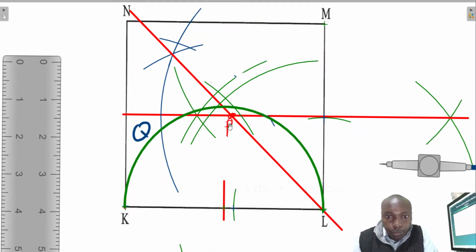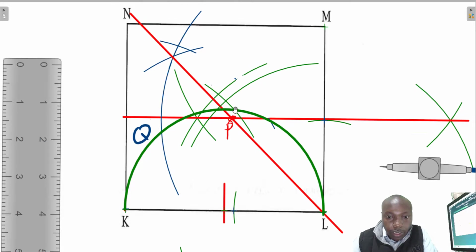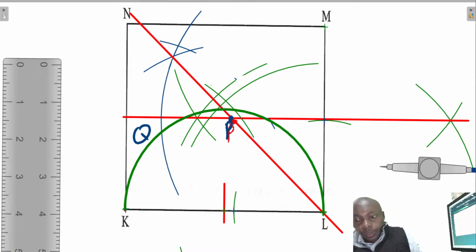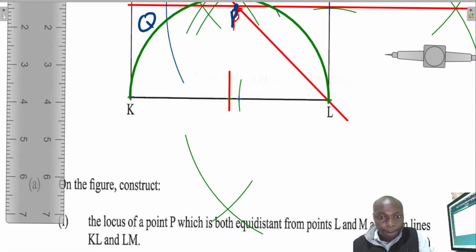And point P is here. We had identified that. That is where point P is. Now, having obtained that, I think we're in a position to go to the next question.